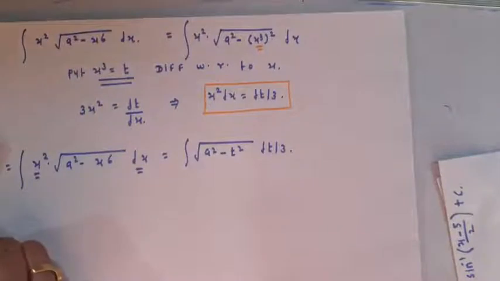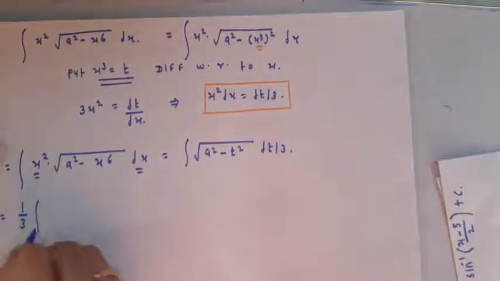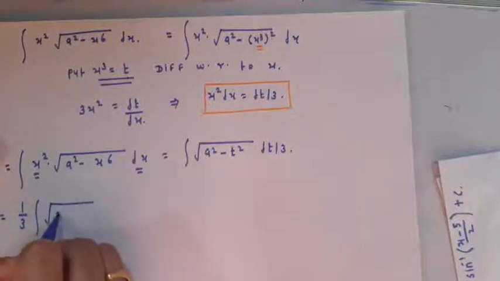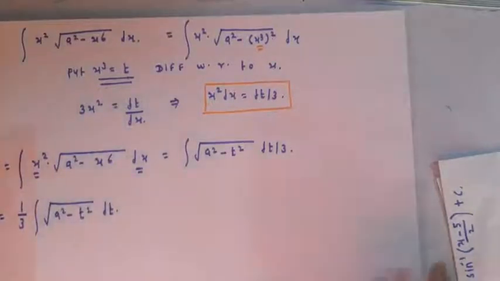Okay students, now this 1 by 3 we take outside the integration, and you will get the integration of square root of a square minus t square with respect to t.